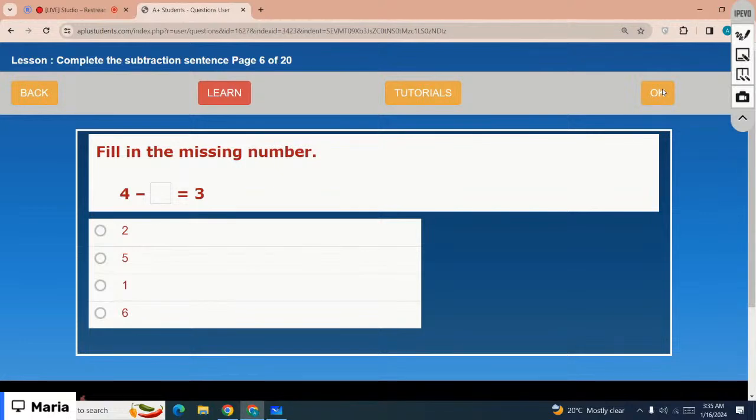Fill in the missing number. 4 take away missing number equals 1, which is the correct option? No, sorry, 4 take away missing number equals 3, which is the correct option?